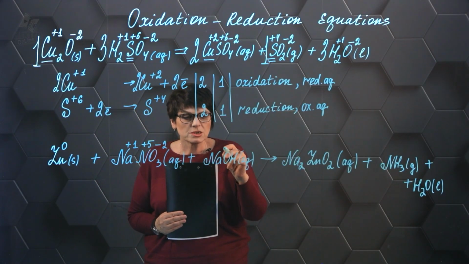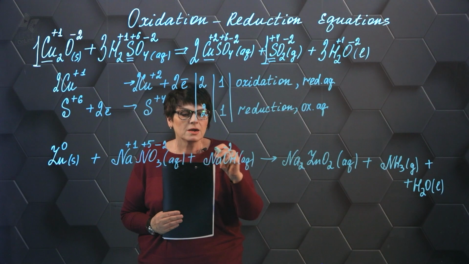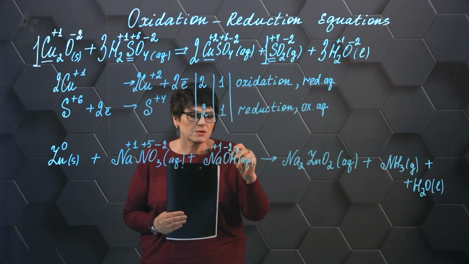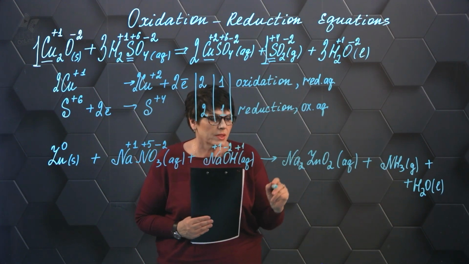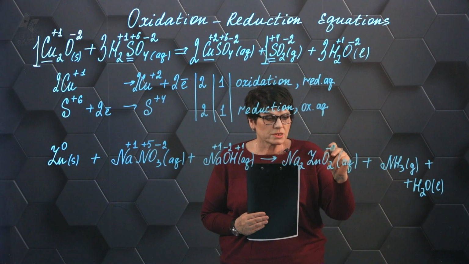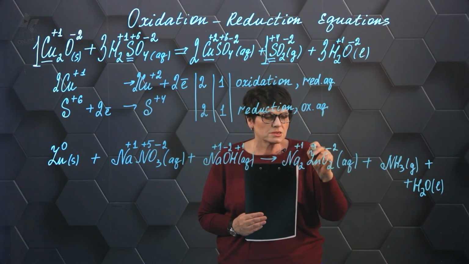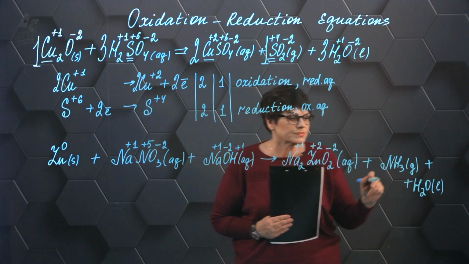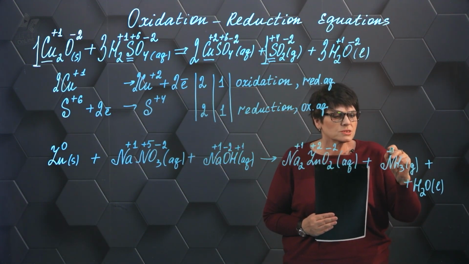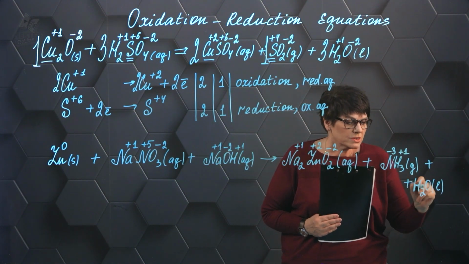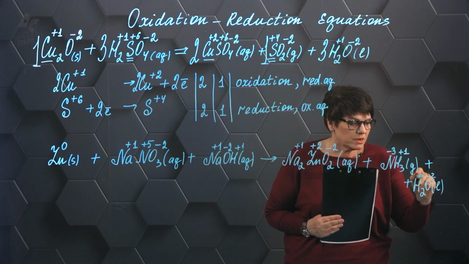In sodium hydroxide, oxygen -2, sodium +1, hydrogen +1. In sodium zincate, Na2ZnO2, oxygen -2, sodium +1, and zinc will be +2. In ammonia, nitrogen is -3, hydrogen +1. In H2O, oxygen is -2, hydrogen +1.